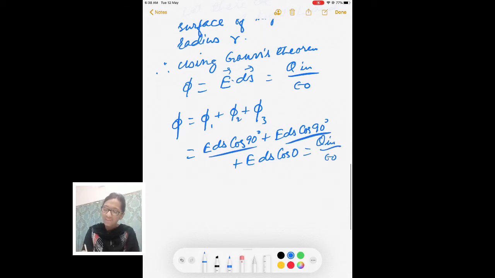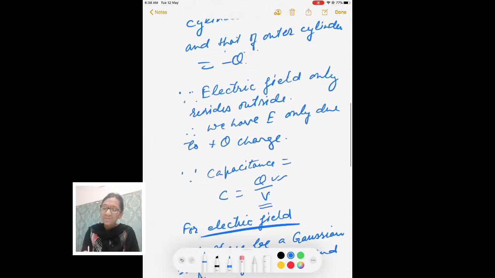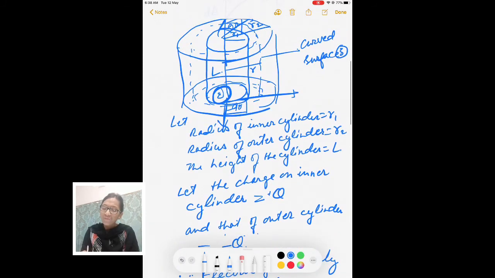Now these terms become 0, therefore E and surface area, we are finding electric field at this very point at a distance r at point P.